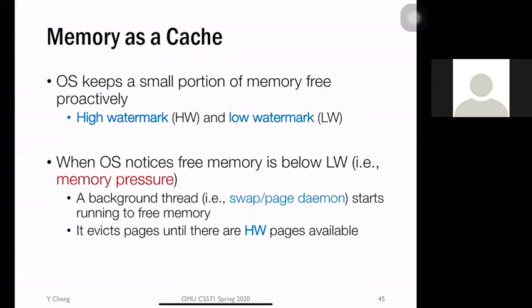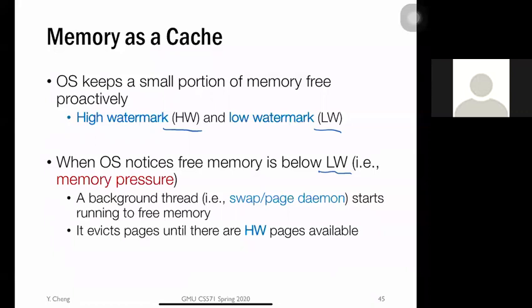Okay, a little more about memory as a cache. Under the hood, the operating system maintains two different thresholds: a high watermark and a low watermark. Whenever the operating system notices free memory is below the low watermark, it indicates memory pressure.